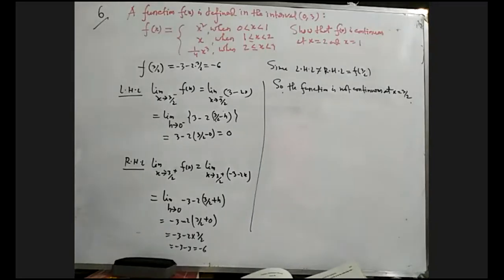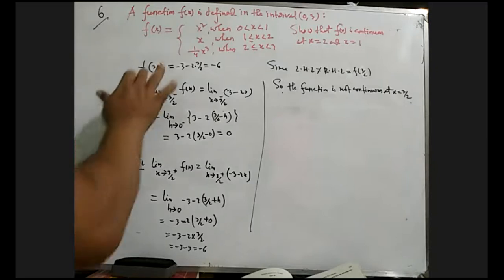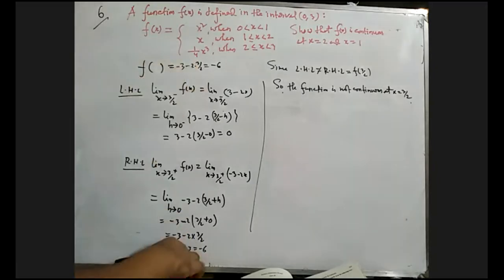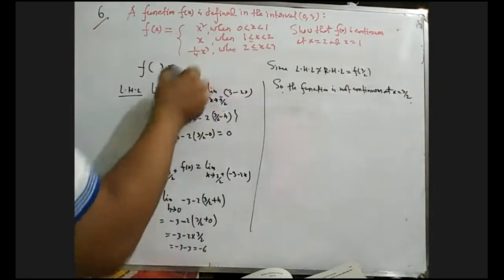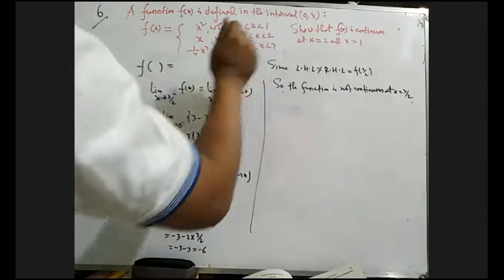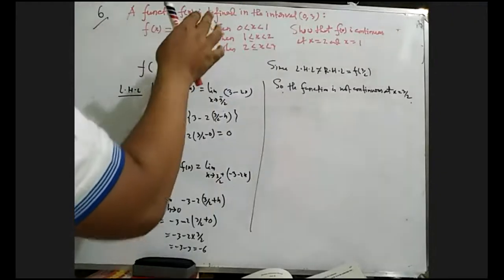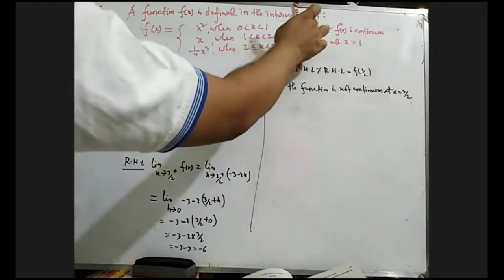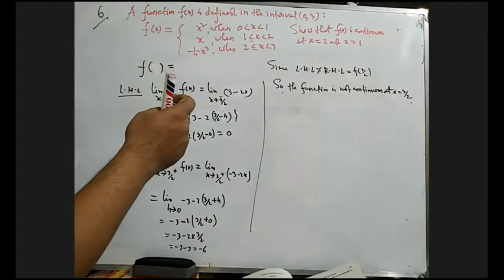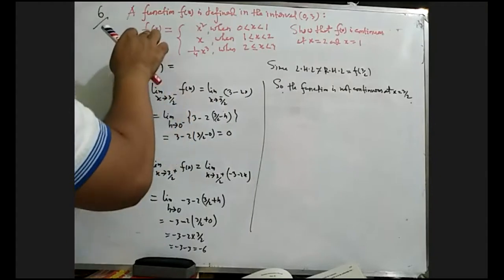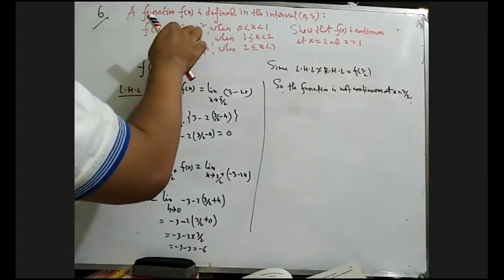Okay, now the last example, example 6. A function f of x is defined in the open interval 0, 3, that means x lies between these, excluding 0 and 3.